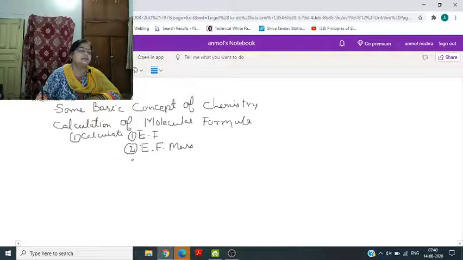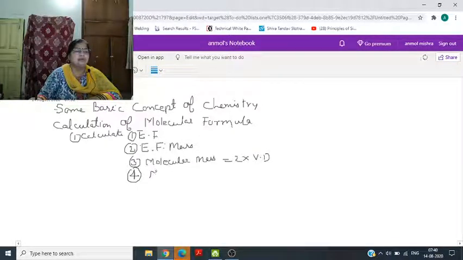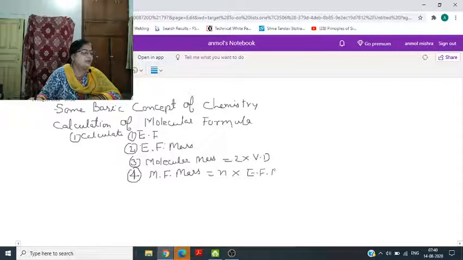Third, if vapor density is given to you, then you can use molecular mass is equal to 2 into vapor density, and if molecular mass is already given to you, then molecular formula mass is equal to N into empirical formula mass. So these are the steps involved to calculate the molecular formula.